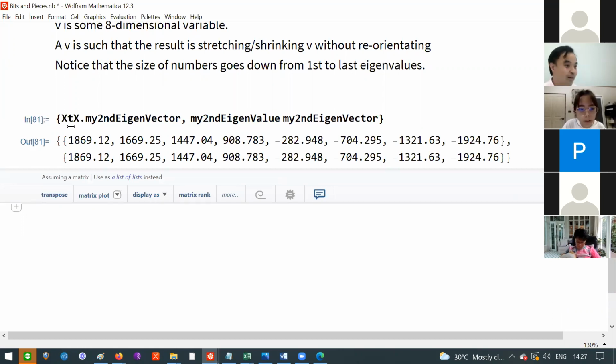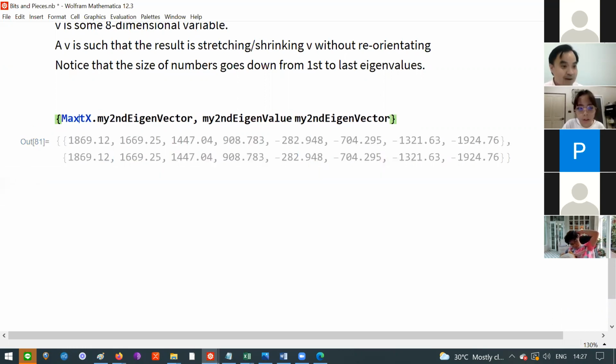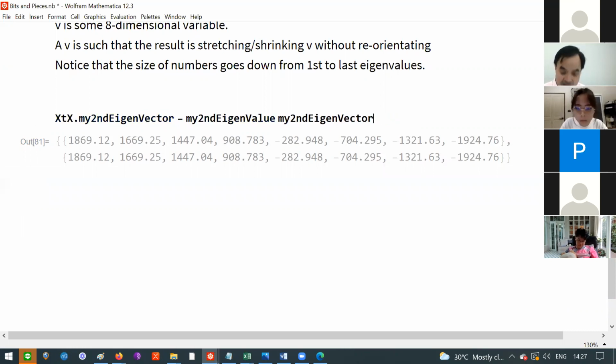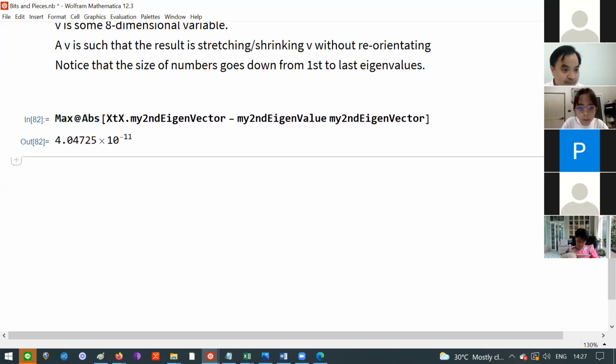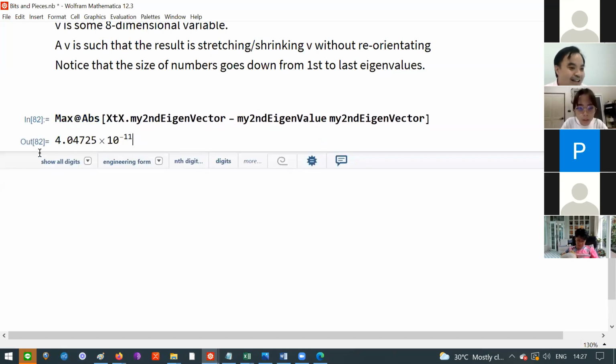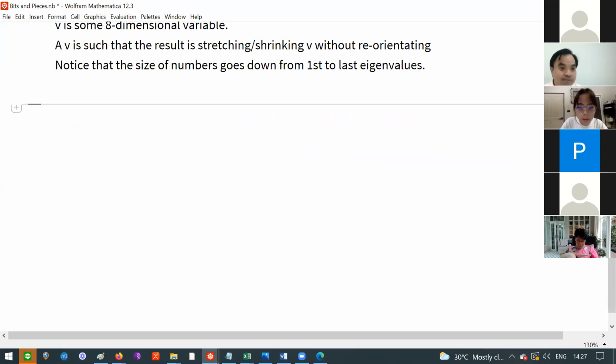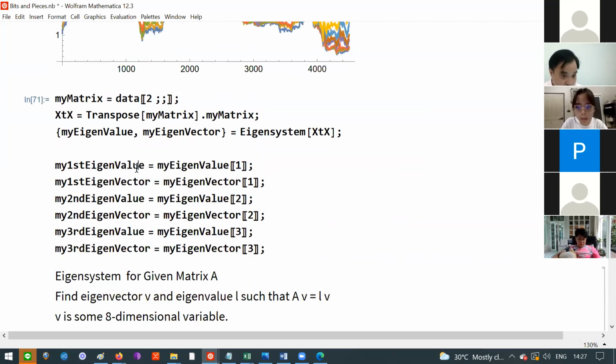Maybe it's something numerical because it looks the same. So let's take the difference, take the absolute value and then take the maximum. Yeah, so it's not exactly equal. It's just different by numerical error. So this is practically the same.